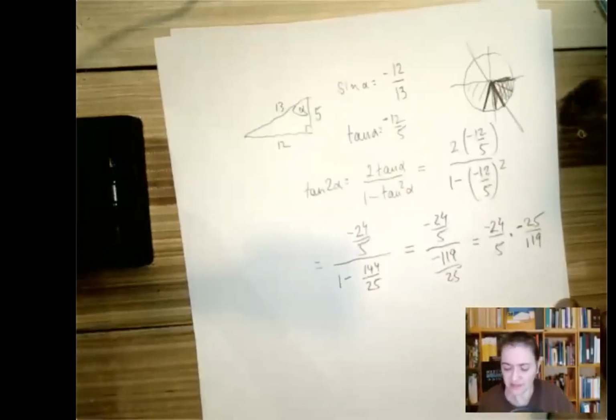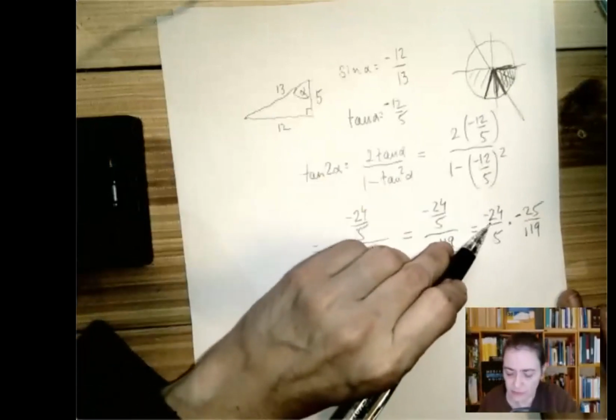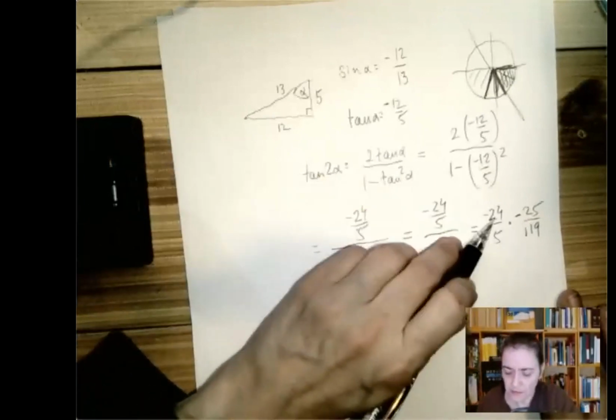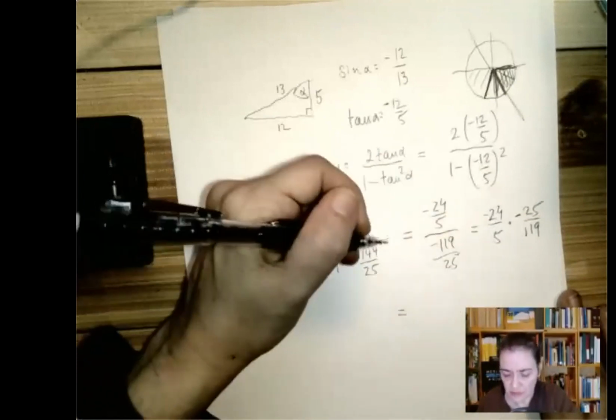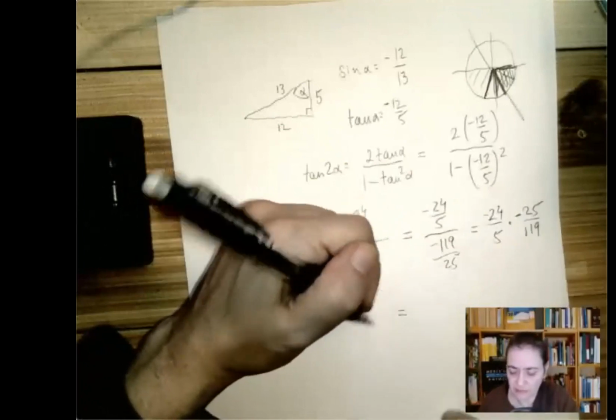I think 119 is not a prime number, but it's clearly not divisible by 2 or 3. So there's not going to be any cancellation. The only cancellation we have is between 5 and 25.